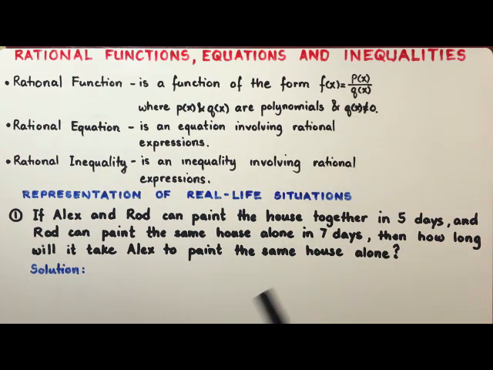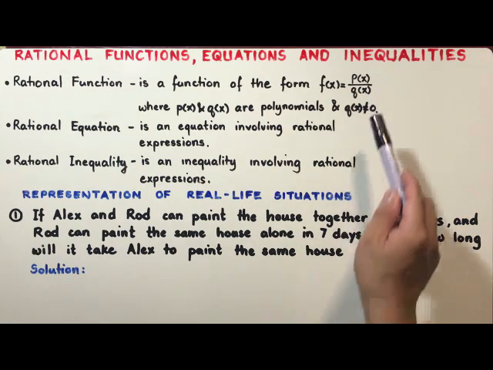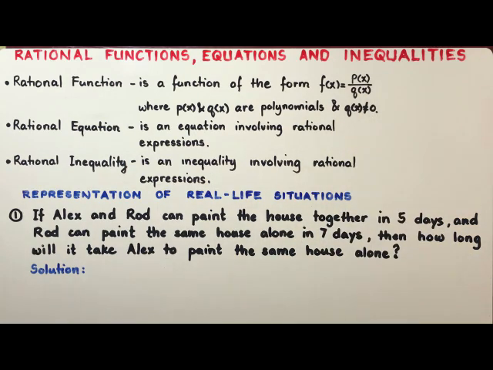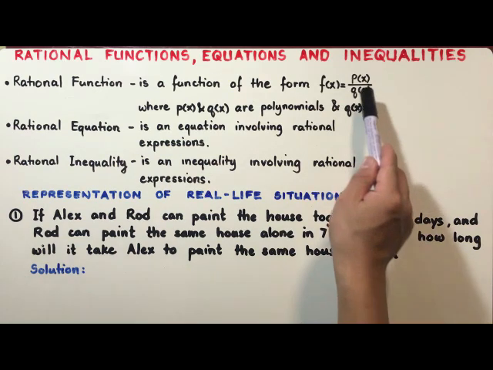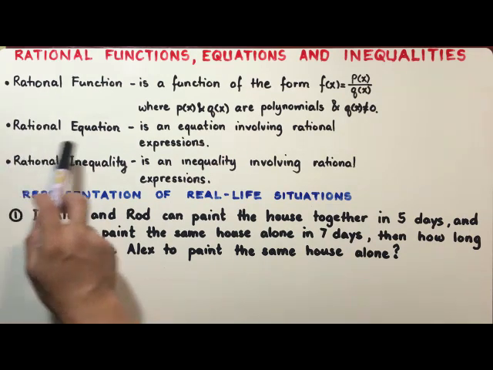So in simple words, a rational function is a function that involves a ratio of two polynomials. The numerator is a polynomial and the denominator is also a polynomial. But there is a little condition here: the denominator must not be equal to 0 because division by 0 is not allowed.